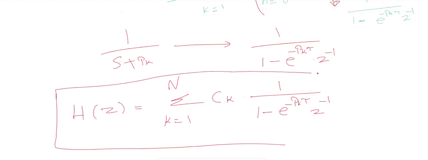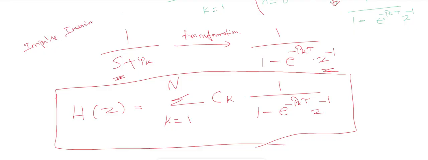So for a given prototype analog filter, we can transform it into the digital filter h of z by using the impulse invariant method: summation of k equal to 1 to N of ck into 1 by 1 minus e power minus pk T into z power minus 1. So this is a transformation from S to Z by using the impulse invariant method.